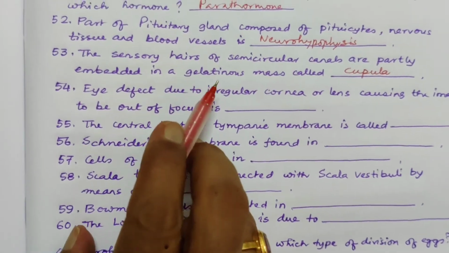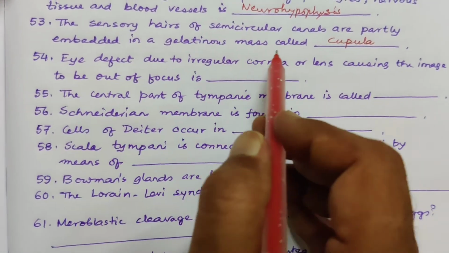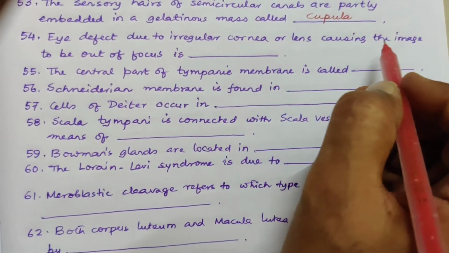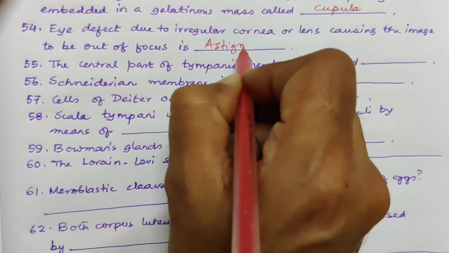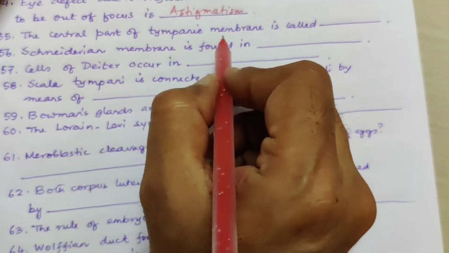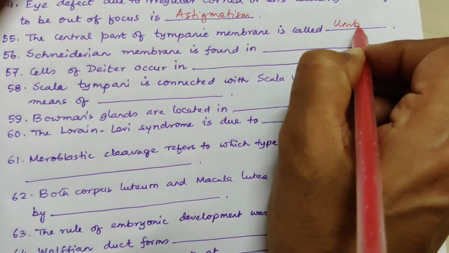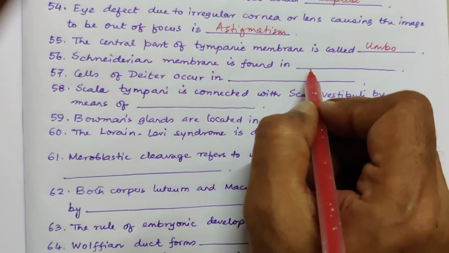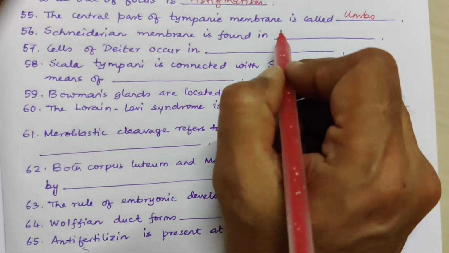The sensory hairs of semicircular canals are partly embedded in a gelatinous mass called cupula. Eye defect due to irregular cornea is known as astigmatism. The central part of tympanic membrane is called umbo. Schneiderian membrane is found in nasal mucosa.